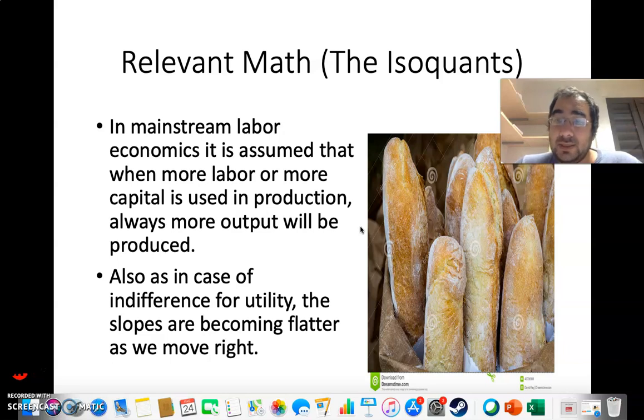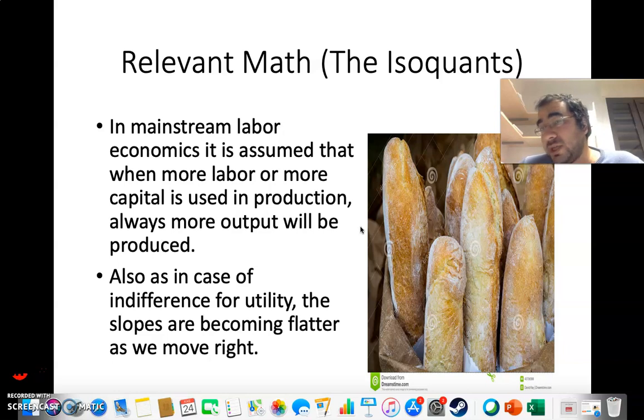And since the slope of the isoquant, which is a negative slope, of course, but the steepness of it, is marginal productivity of labor divided by marginal productivity of capital. Labor is on the x-axis usually. That means the isoquant will get flatter as you increase labor quantity.